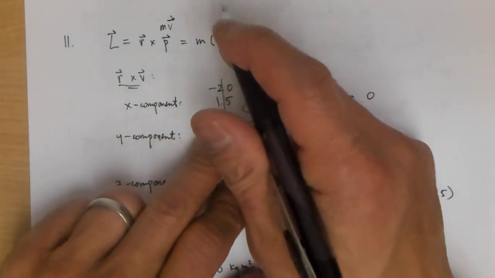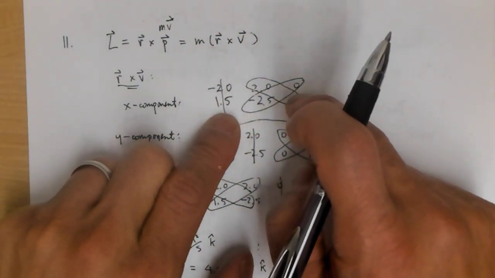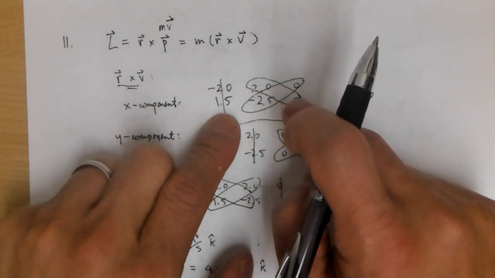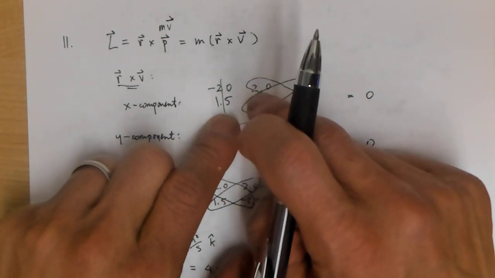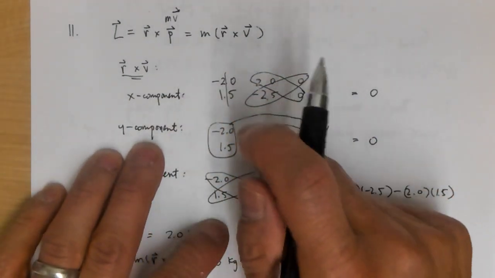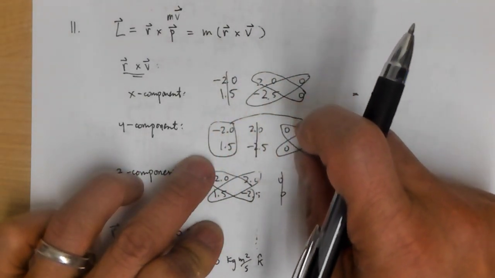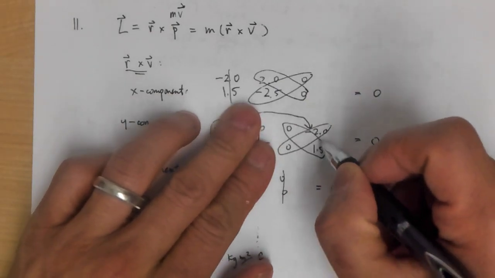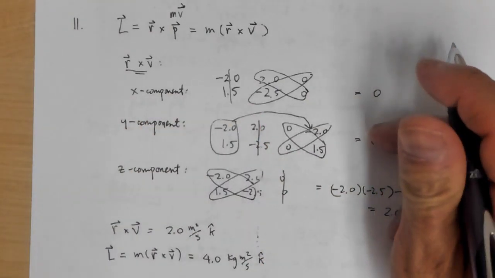Okay, so for the X component, you cross off the X column, and you take the product of these diagonals going downwards to the right, 2 times 0, and then subtract off 0 times negative 2.5, everything is equal to 0. For the Y component, you cross off the middle, then you cycle this first column to the end here, and then you take the product of the diagonals, that's 0, minus the product of the off diagonals, which is also 0.